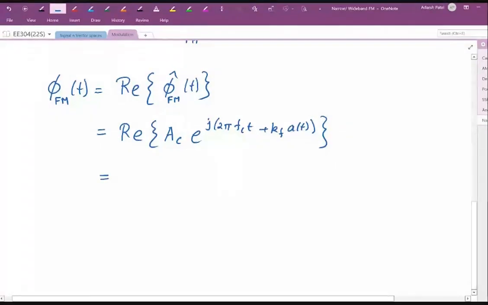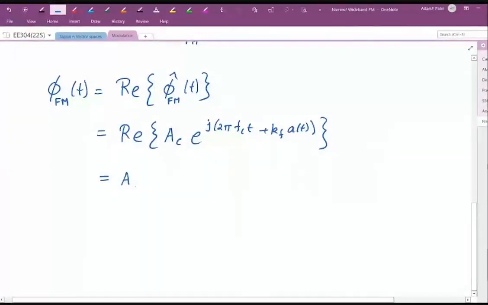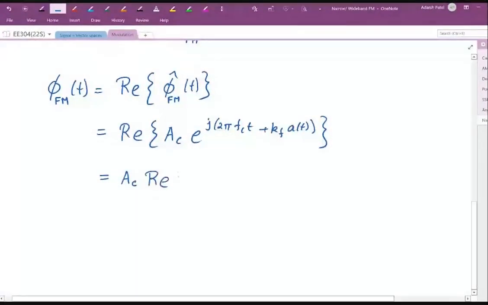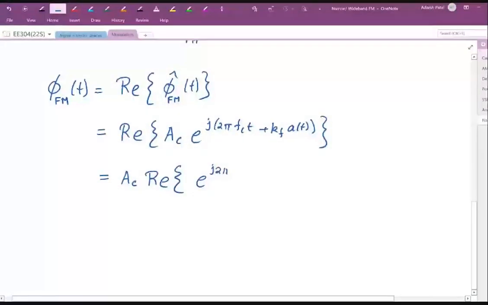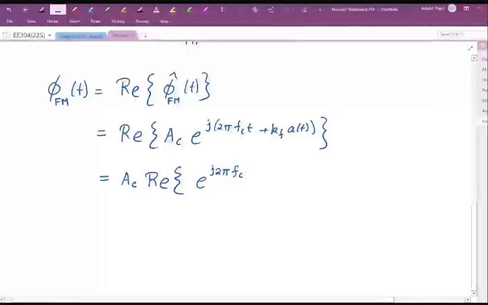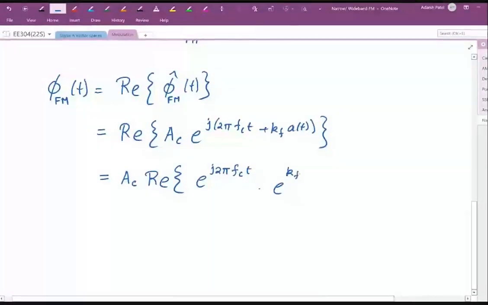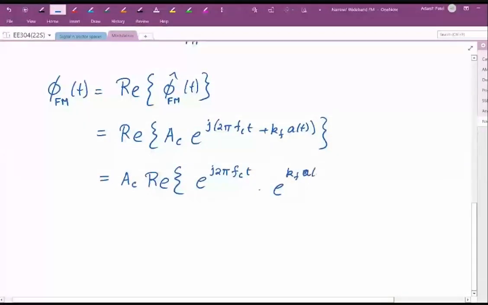AC being real, we can take it outside and let everything else be inside, and write this as e to the power j 2 pi fct times e to the power j kf a(t).